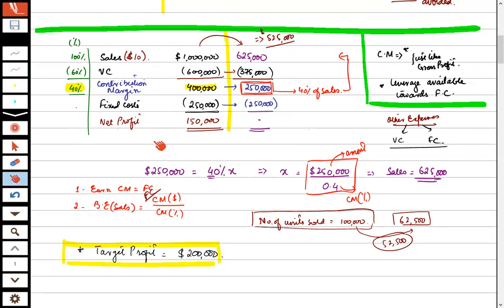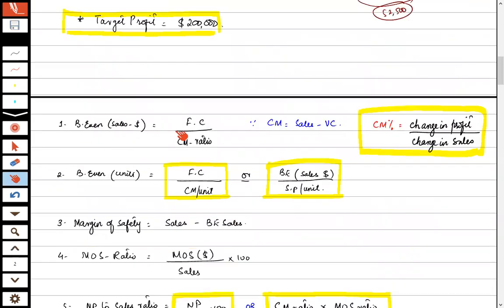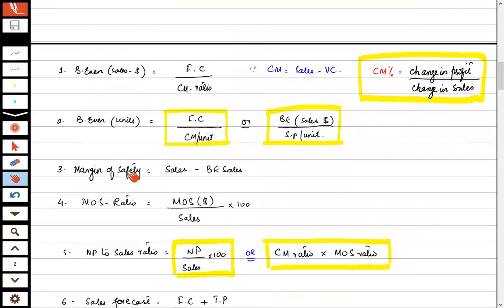So now the data is this. You have to calculate break-even sales in dollar, break-even sales in units. Again, what we have done with the statement form or the formula form, you have to apply this formula and do it again.